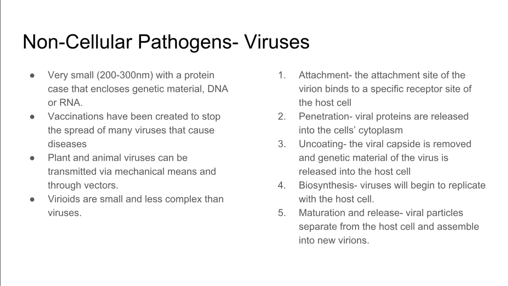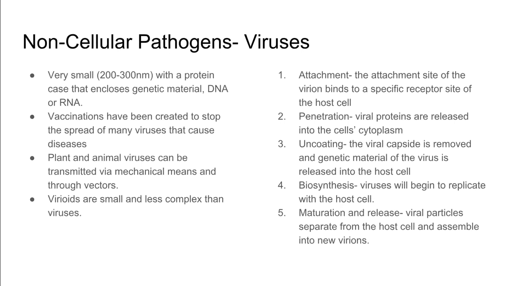An example of a non-cellular pathogen are our viruses, and these are very small, so they're usually between 200 and 300 nanometers with a protein case, which can have genetic material of DNA or RNA. Vaccinations are used to stop the spread of many viruses, and plant and animal viruses can be transmitted via mechanical means and through vectors.